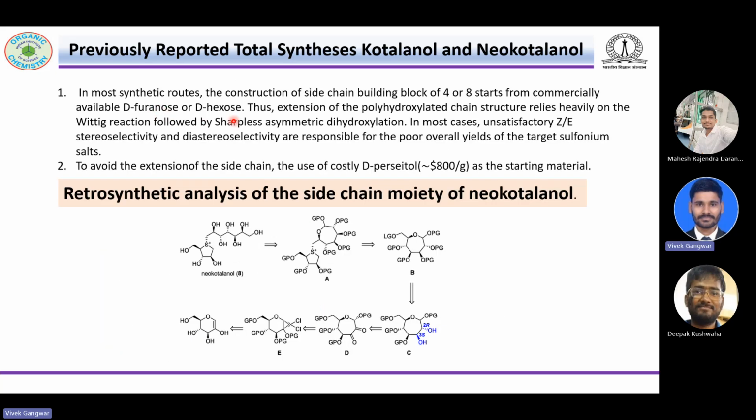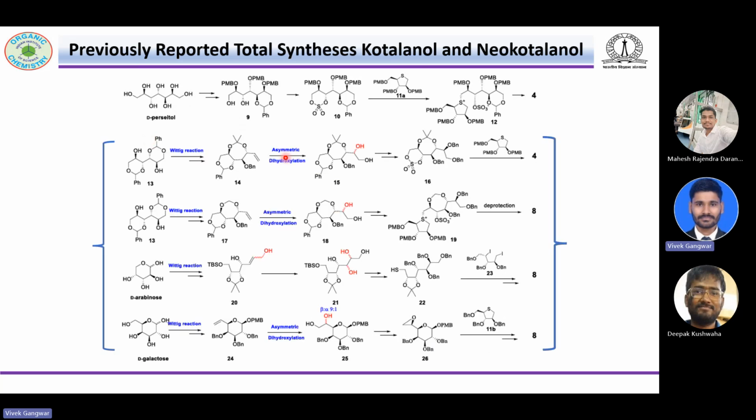And in the second case, they increase the number of carbons using the Wittig and asymmetric hydroxylation. In that case, the Wittig is fine, but E and Z isomers form, followed by this hydroxylation. So the yield is very low.